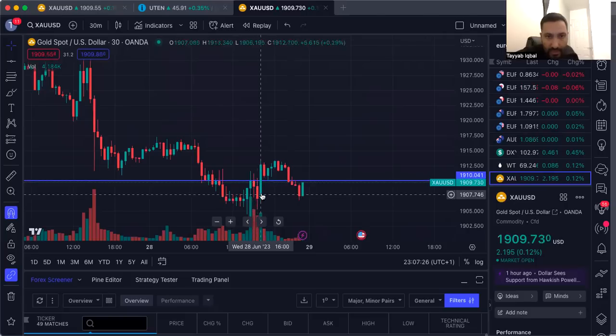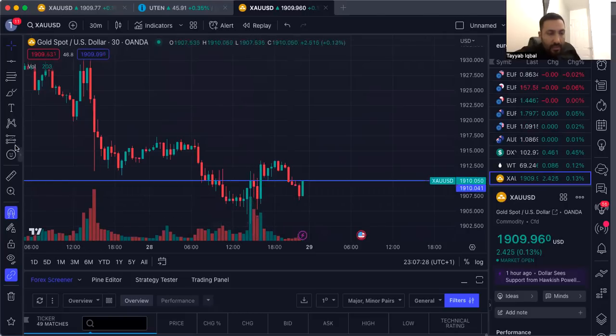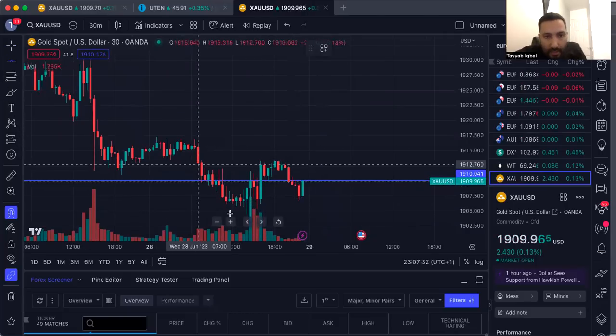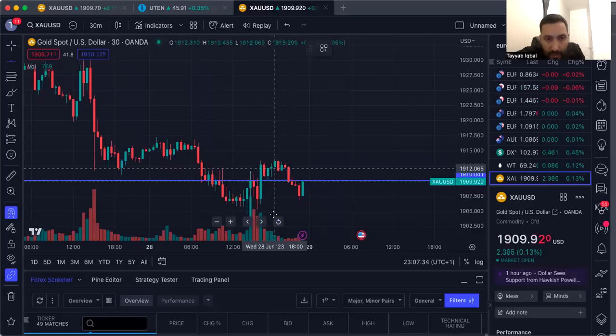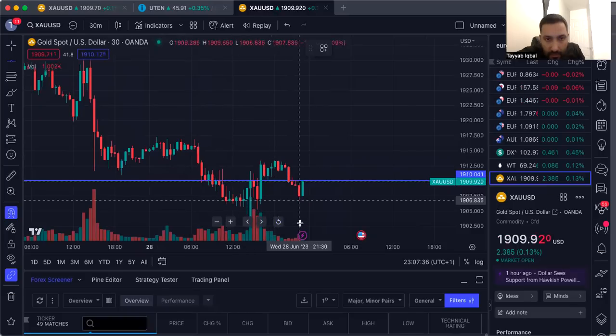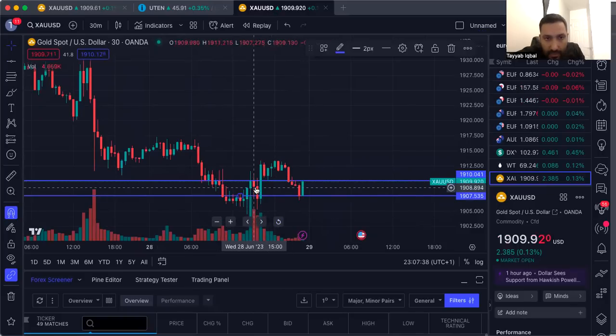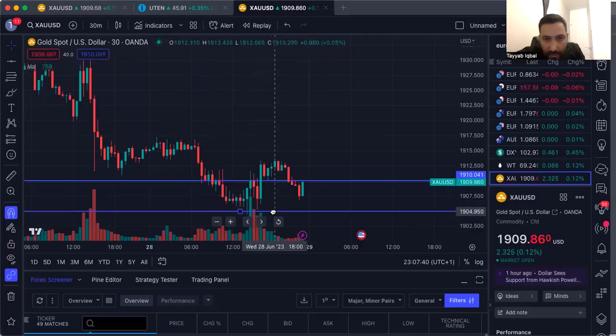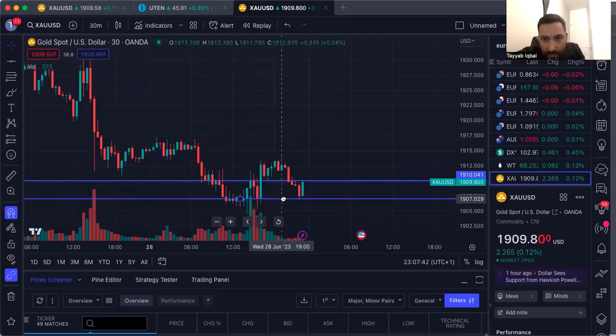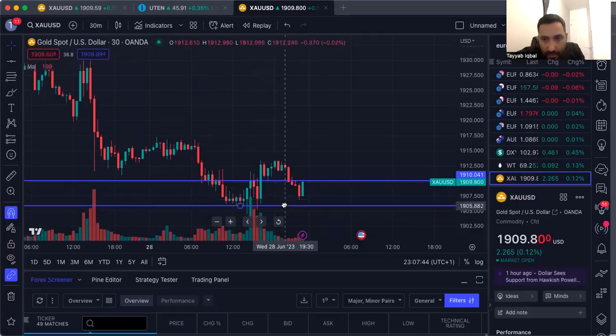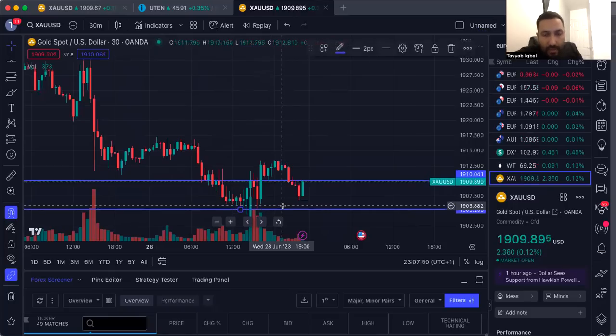We put another entry somewhere around here. We would have put another entry at 1906 or 1906.5, so somewhere here, or even 1905, depending on how it's going, right?